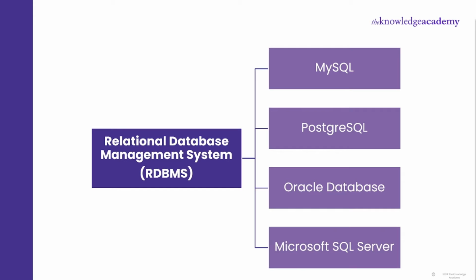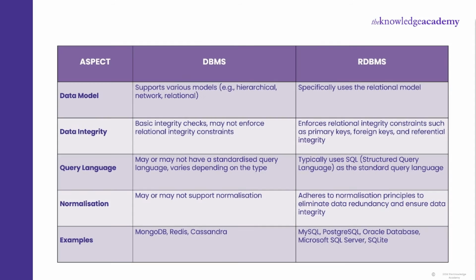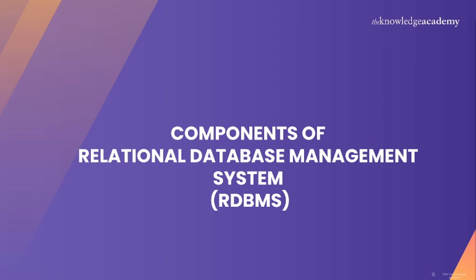These systems handle massive volumes of data with ease, powering enterprise-level applications. Understanding the differences between RDBMS and DBMS is very crucial, as this is the key to choosing the right system for your data needs. Next, we will learn about components of Relational Database Management Systems, or RDBMS.